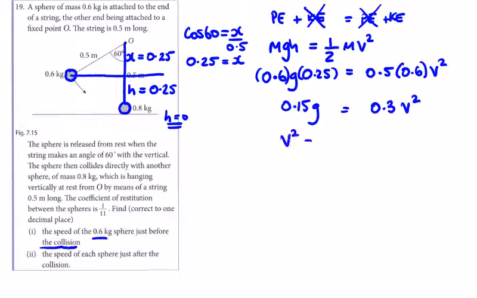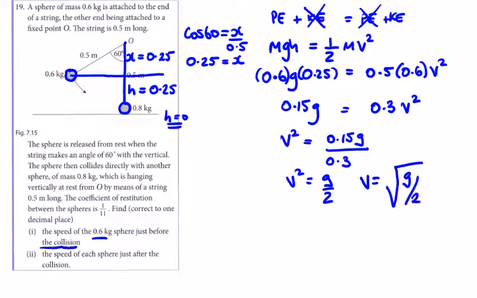So v squared is equal to 0.15g over 0.3, which is 1 over 2. So v squared is equal to g over 2. So v is equal to the square root of g over 2 meters per second just before impact.